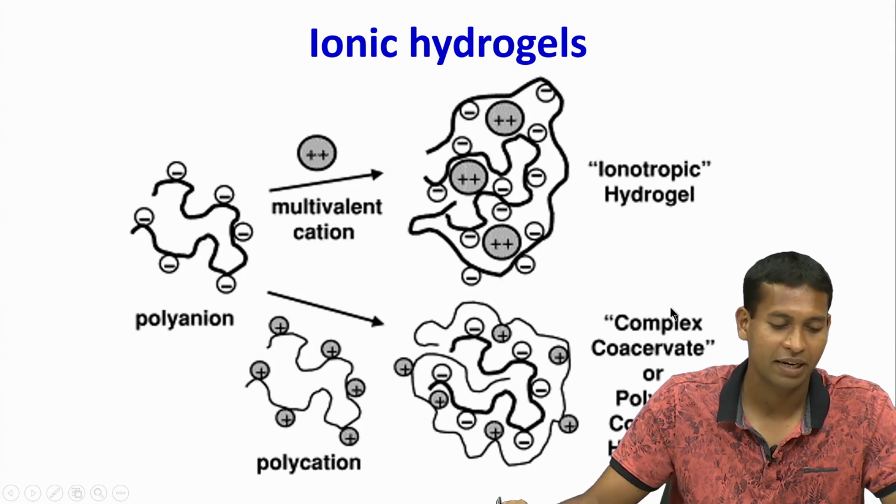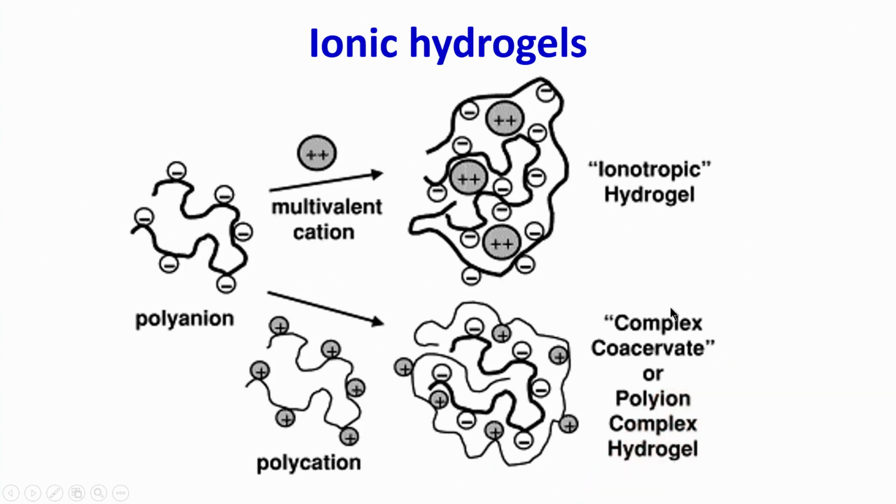So, a little bit more on the anionic gel. Here we are talking about, let us say, a polyanion containing lots and lots of negative charges. If you put a multivalent cation, you do not even have to put another chain containing that. Let us say you put a multivalent cation, could be calcium, could be magnesium.